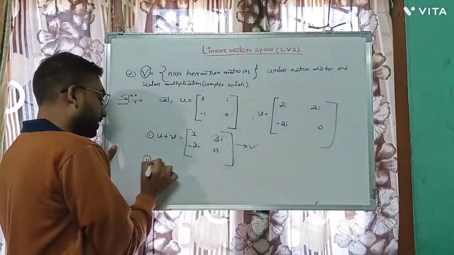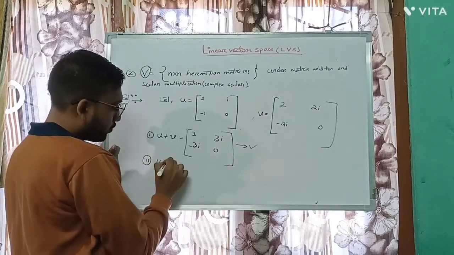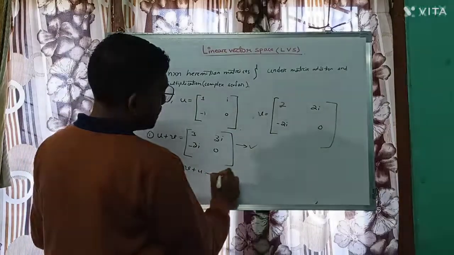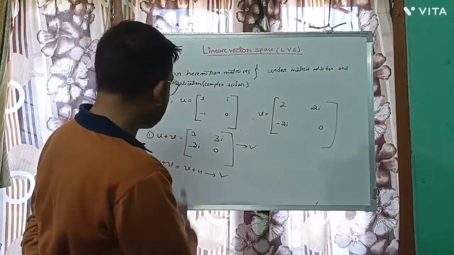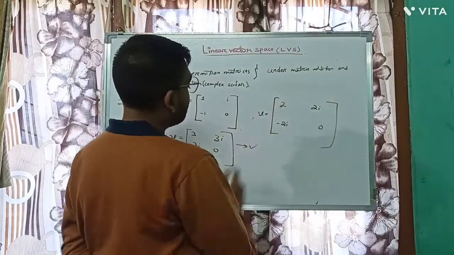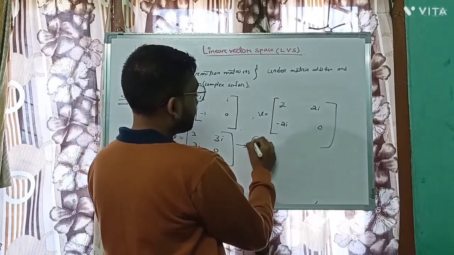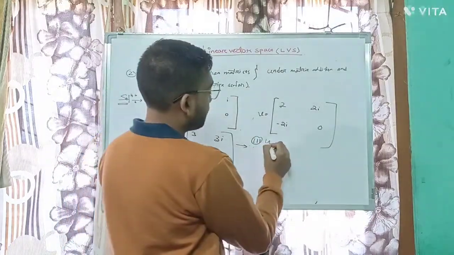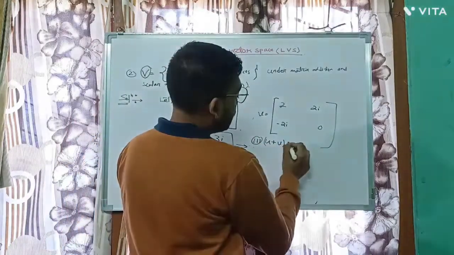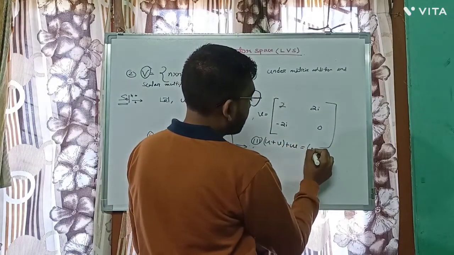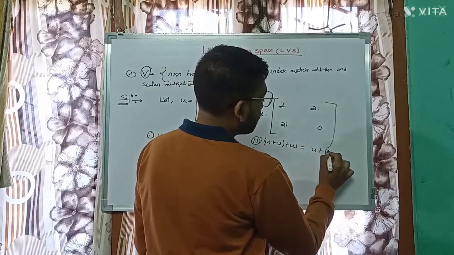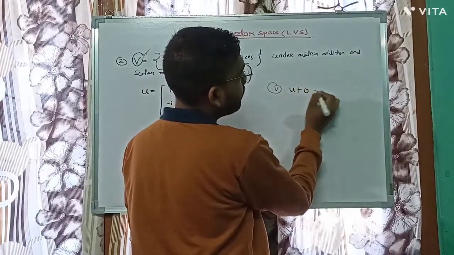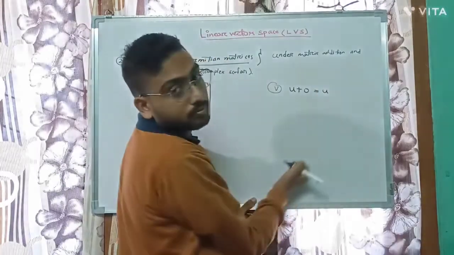The second property is U plus V is equal to V plus U. You can check this one also. This property is also satisfied by these two matrices. The third property is, if I have a defined matrix W which is also Hermitian, then U plus W plus V must be equal to U plus W plus V. The fourth property goes like, if there is a matrix U, then the addition of the matrix with the zero vector must result in the vector itself.